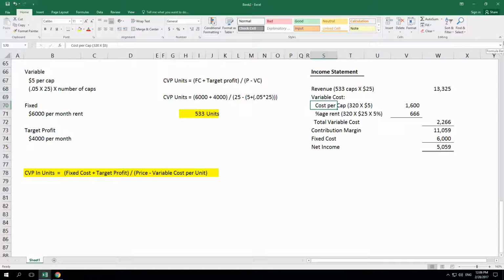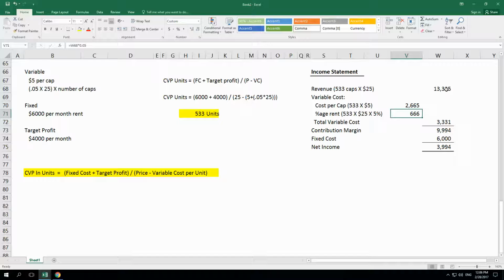My variable costs for each cap, total variable costs, will now go up to 533 caps times $5. Right? And then my percentage rent will be basically the total revenue, which is 533 caps times $25 times 5%. So let's see if that's what's happening here.